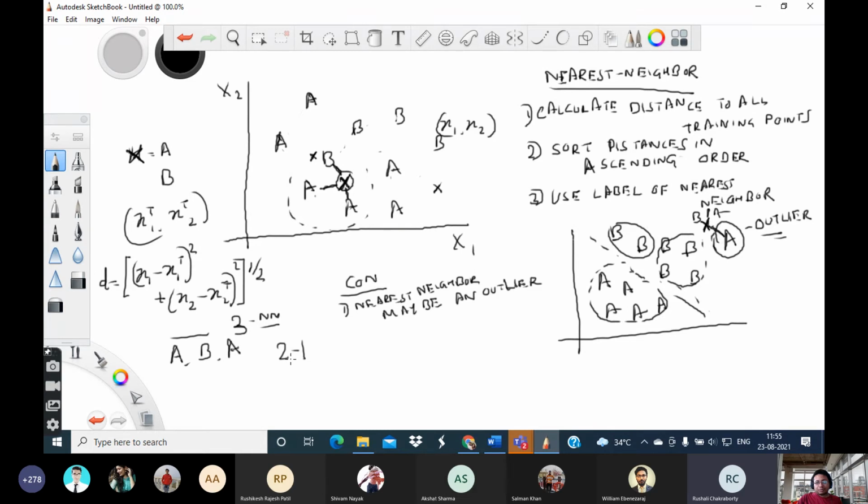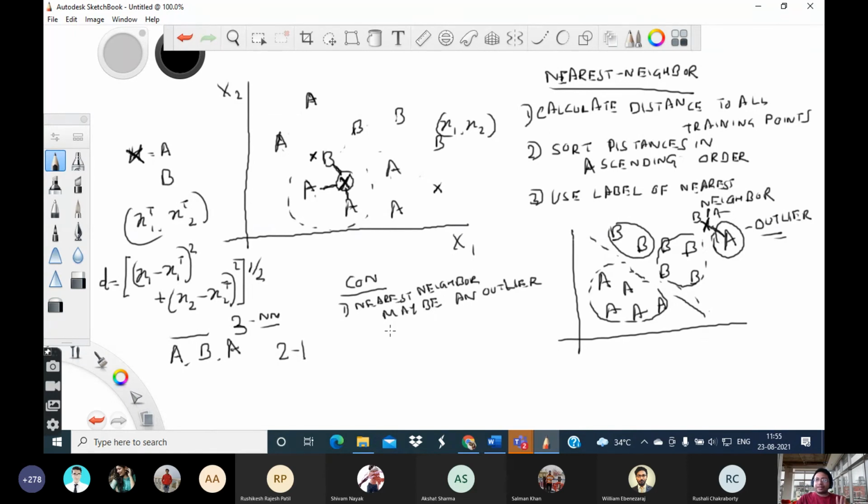If the number of outliers is k, then we can take k plus one nearest neighbors. That's the worst case scenario. Okay, fine. The problem here is that given an arbitrary data set, we will not have any idea about how many outliers there can be or what the percentage of outliers might be.